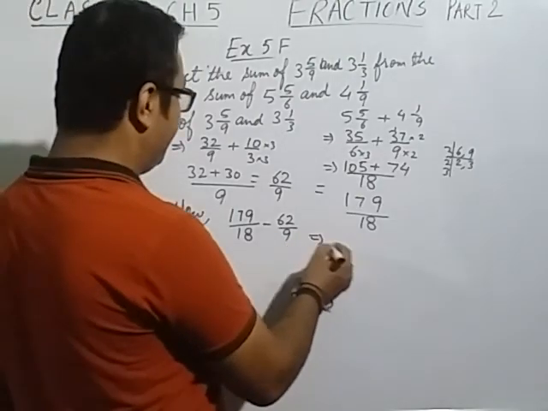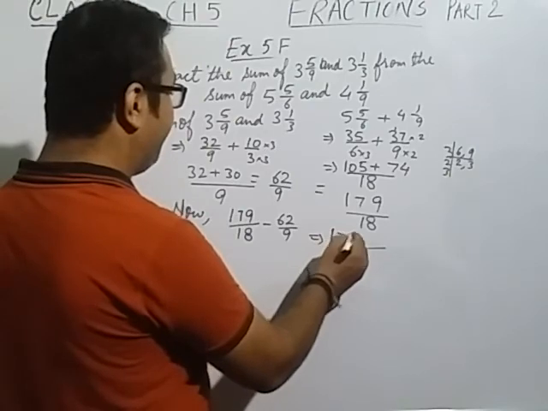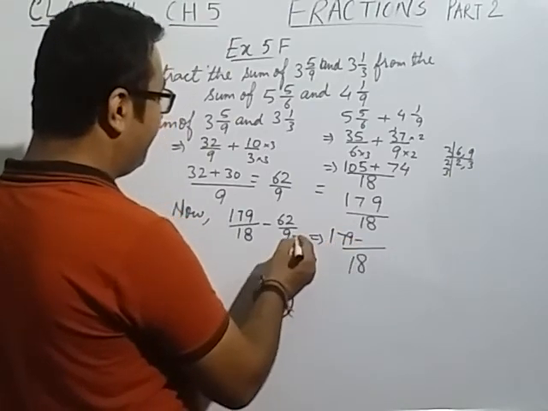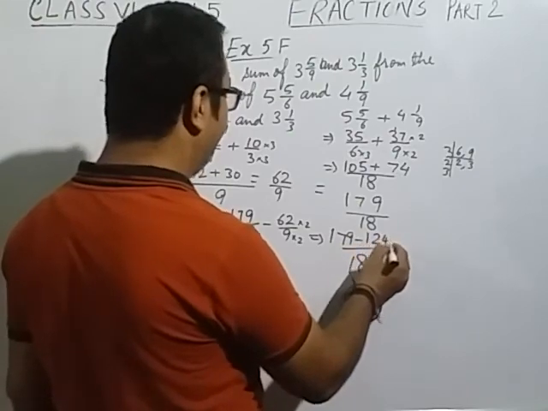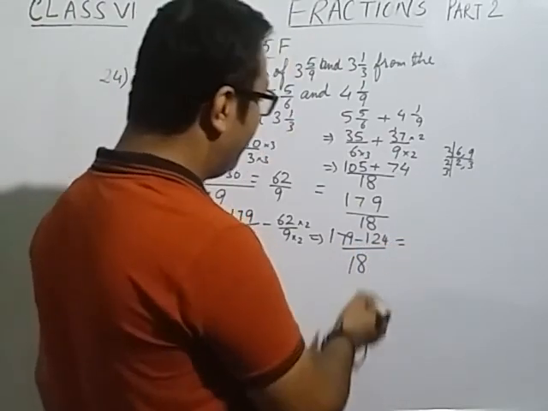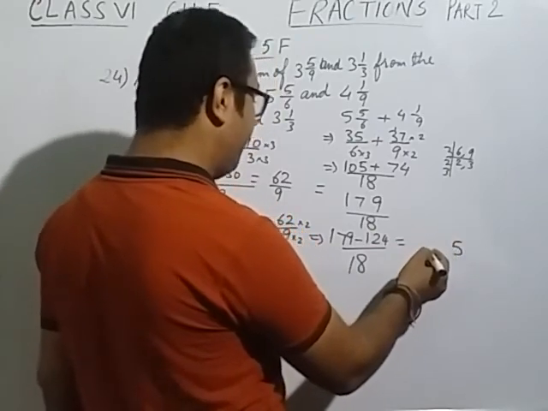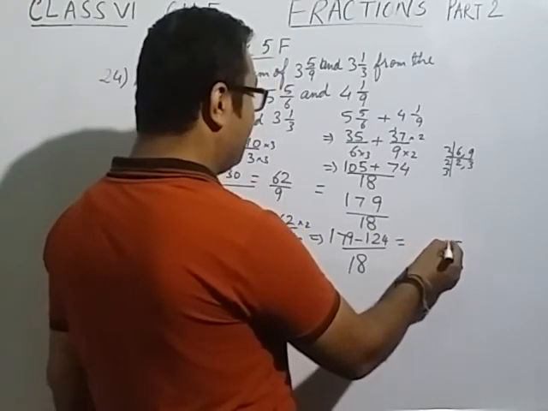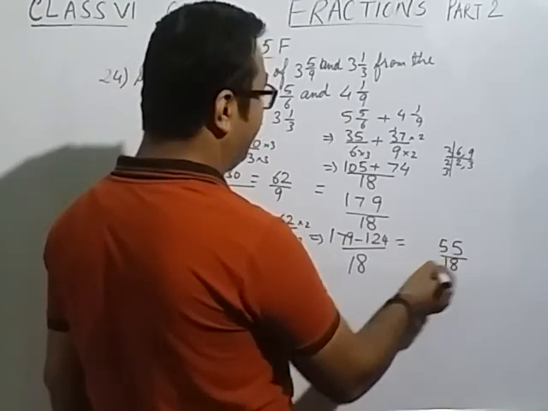Now the LCM of 18 and 9 will be 18 only. So here 179 will only be there, and here we multiply by 2. 62 twos are 124. Let us subtract 124 from 179. 9 minus 4 is 5. 7 minus 2 is again 5. So 55 upon 18.